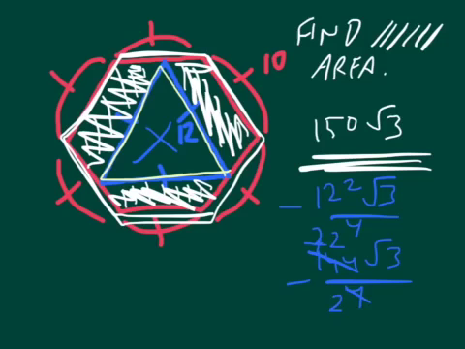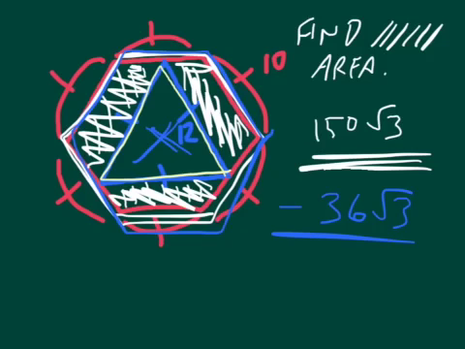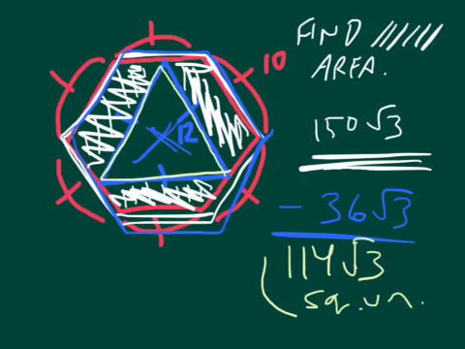So if I erase all of this, it ends up being 36 √3. And so you have 150 √3 for all of this, and then you take this middle part and subtract it out. So we got 150 √3 minus 36 √3. 4 gets us up to 40, 14, maybe 114. I think it's 114 √3, and that would be in square units as well. And so that finishes that one off.